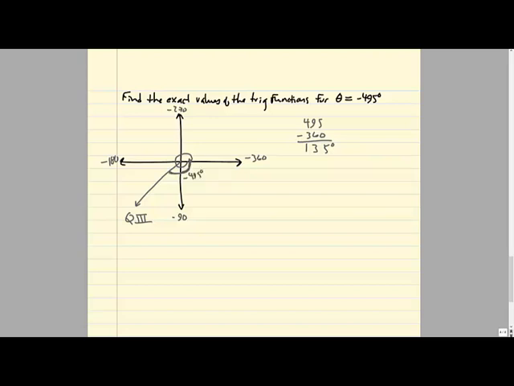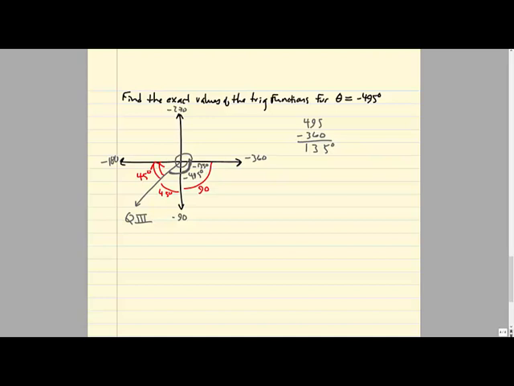Just this bit right here was a negative 135. Now my reference angle is the distance from the terminal side of the angle to the nearest horizontal axis. So I'm at 45, so this was 135, so this is 90, this is 45, so this has to be 45 degrees.